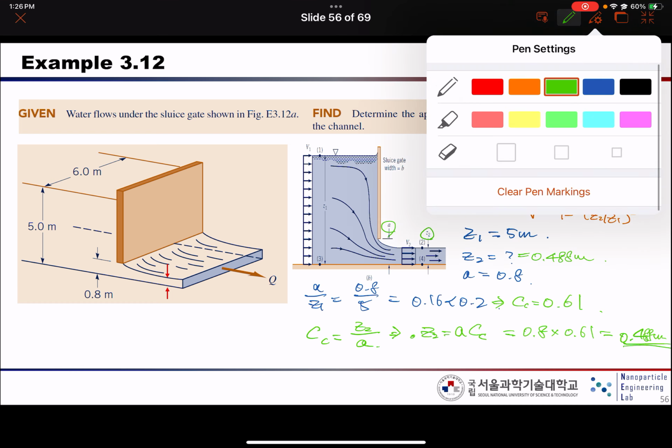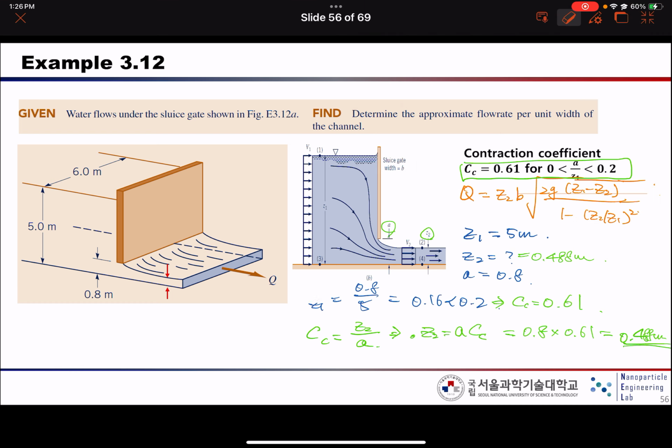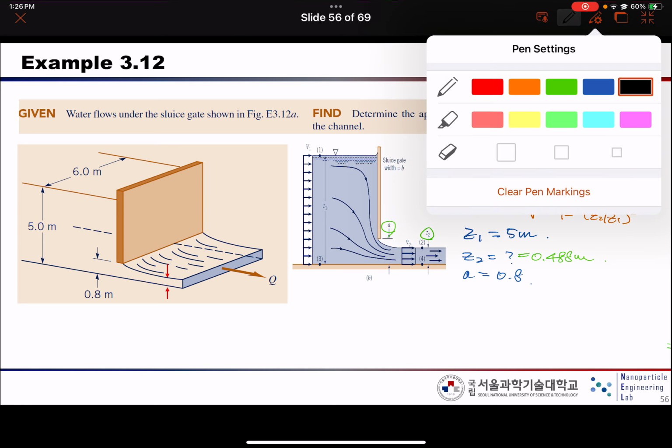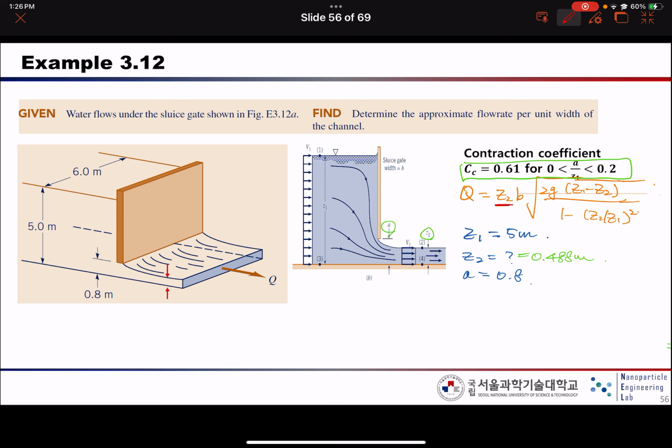Okay, so I will erase this part. So here, as you notice, B is given as 6 meters. This one equals Z1, this one equals A, this one equals Z2, so Z2 is 0.488 meter, right?